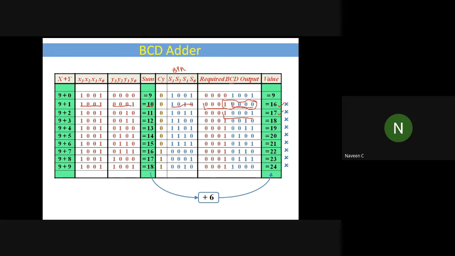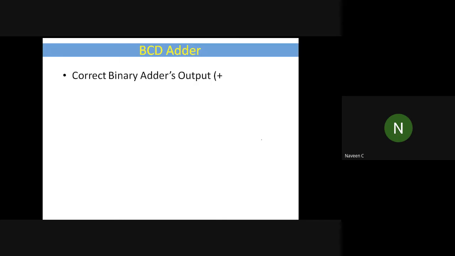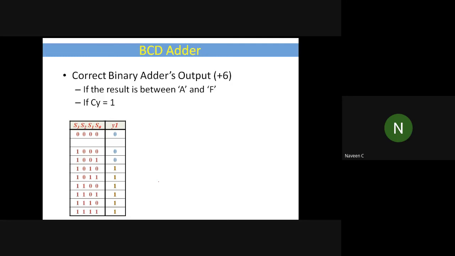So now you need to frame the logic. If you find the logic, you can design a BCD adder circuit. So this is the truth table. You can see up to 9. We have not represented it as a table, but we are taking all 0 to 9.